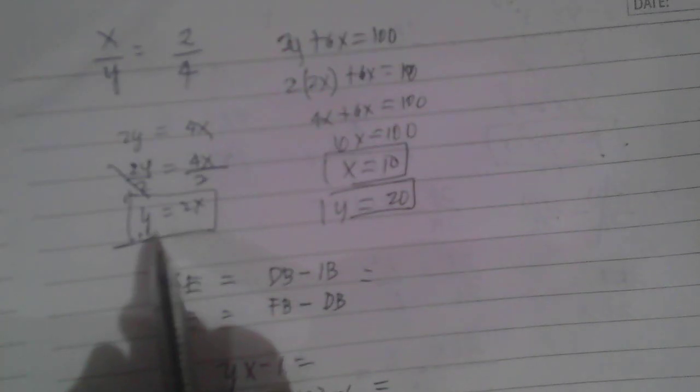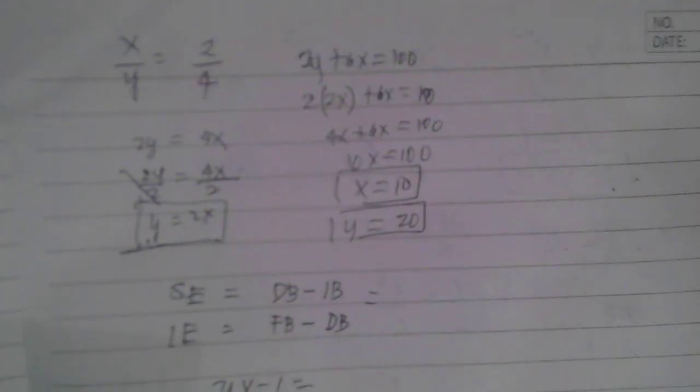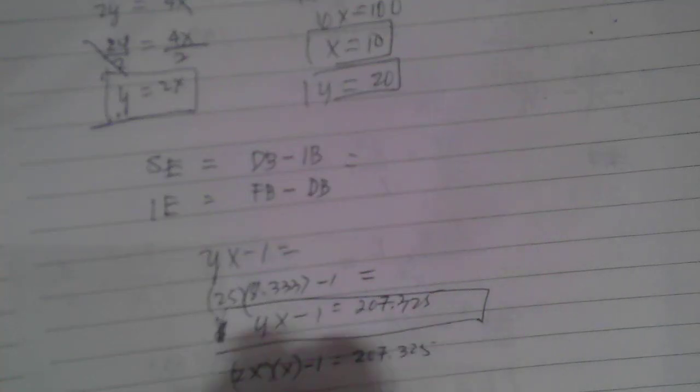Now use the second condition: y is equal to 2x, so you have 2x times x minus 1 equals 207.325.